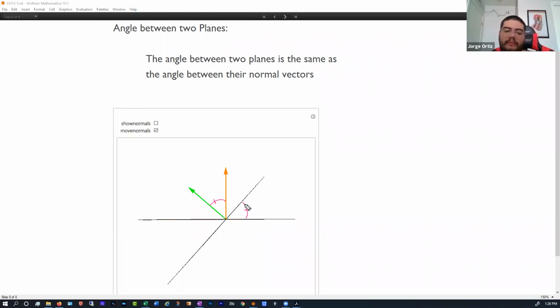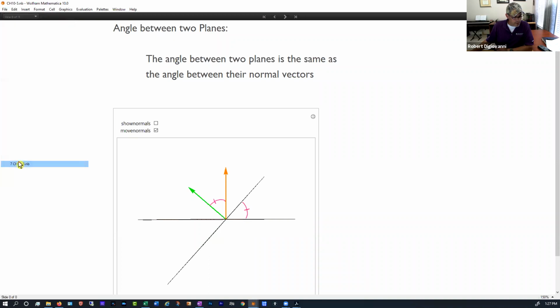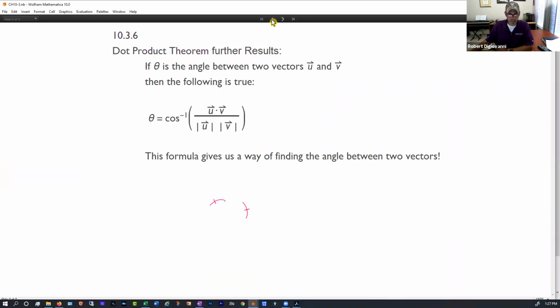Isn't that the magnitude cosine theta? Yeah, there was a formula. Let's go back and take a look. We had a formula back in 10.3, dot product. Oh, there it was. 10.3.6.